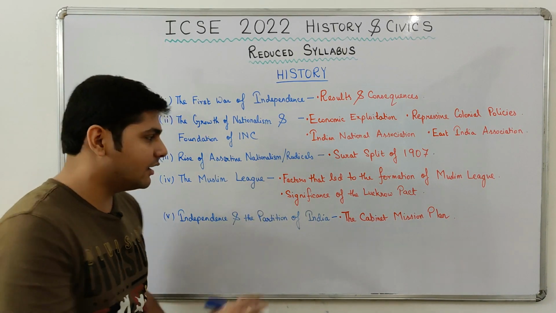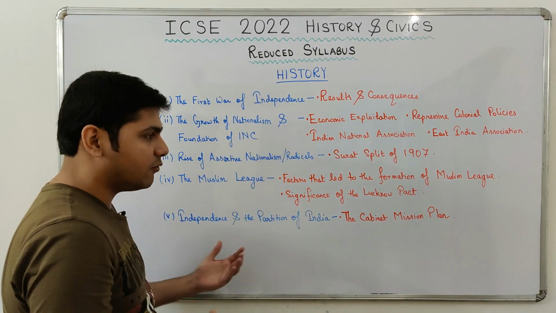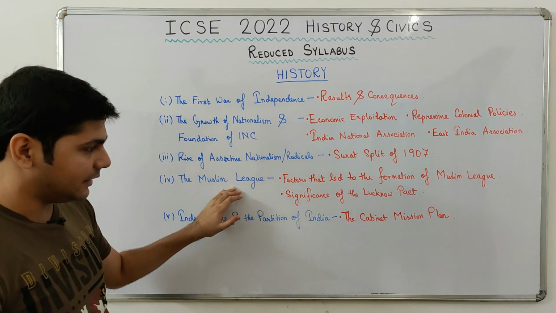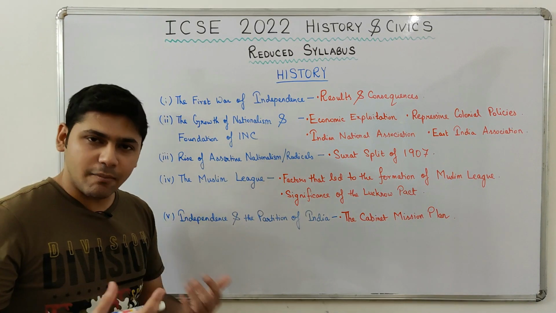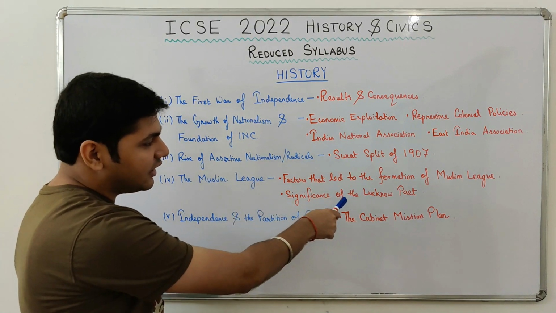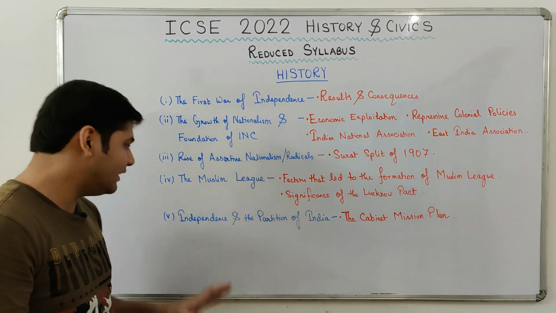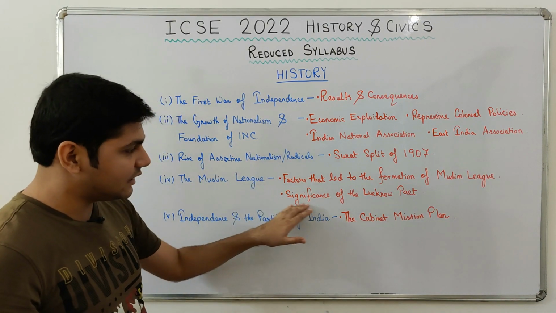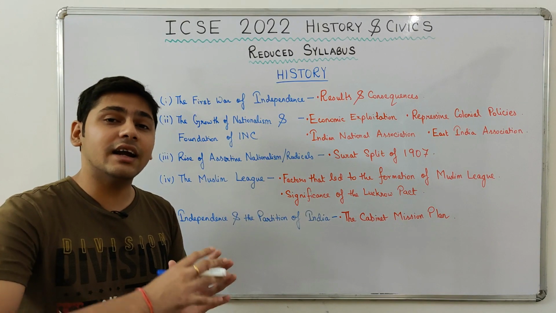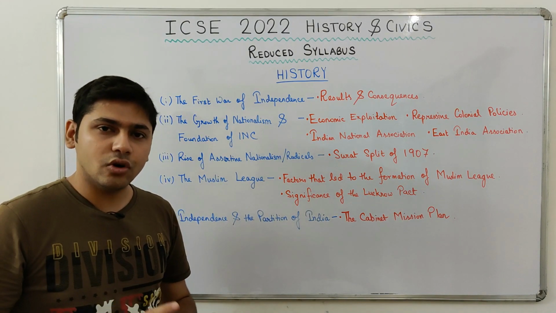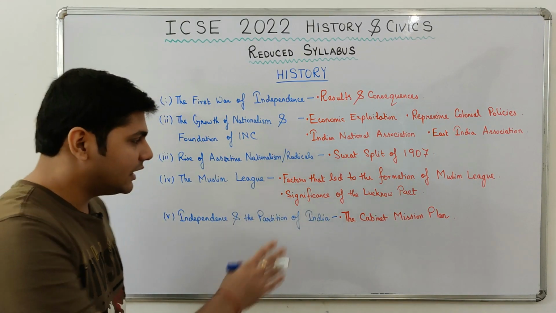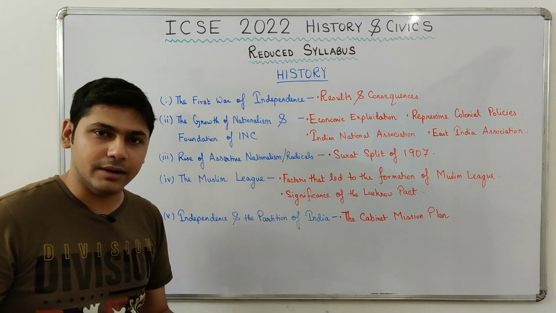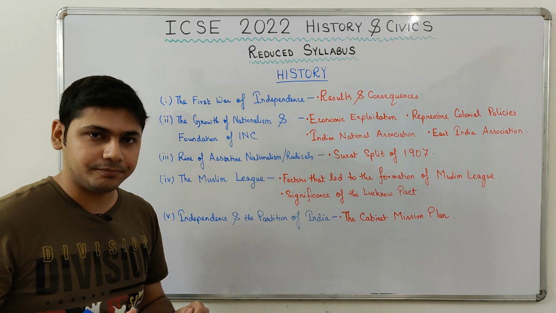So the section factors that led to the formation of Muslim League has been removed from the chapter, the Muslim League. Now, in some books, significance of the Lucknow Pact comes inside the Muslim League, but for some other books, the section significance of the Lucknow Pact comes under a different chapter. So wherever it is located, the significance of the Lucknow Pact has been removed from the syllabus. You don't have to study that.